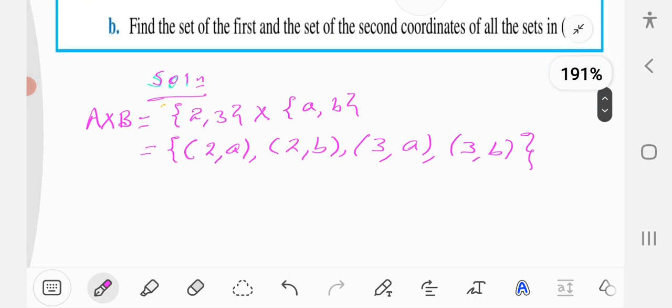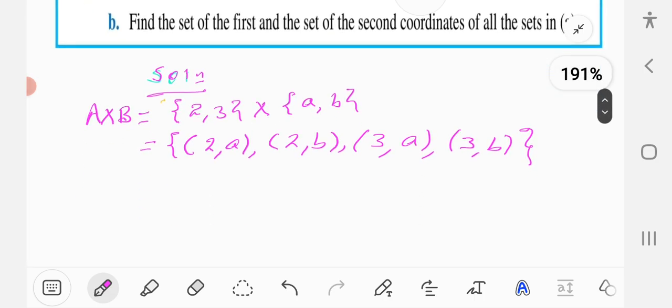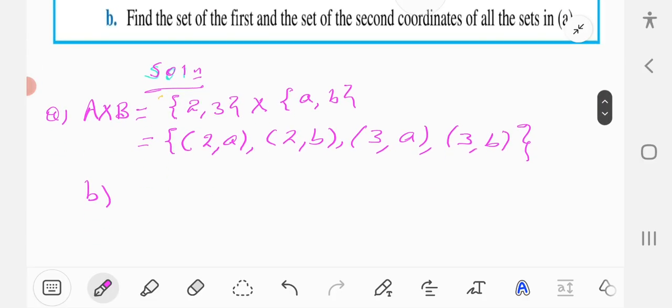What does part B say? Find the set of first and the set of second coordinates of all the sets in that was calculated at A. Therefore, you are asked to find the first and second coordinates.